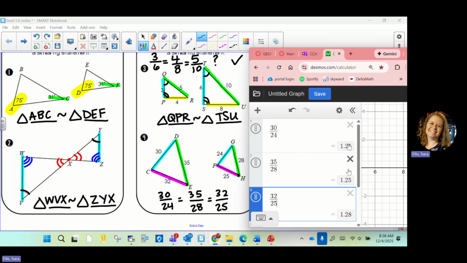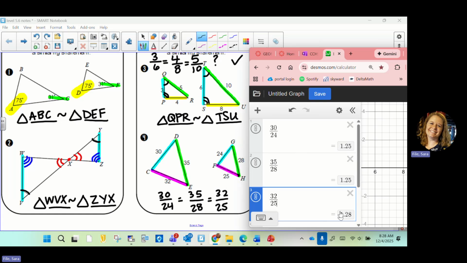Did those all come out the same? Oh, they didn't this time. Let's double check. 30 over 24, 35 over 28, and 32 over 25. 2 of them came out the same, but the third one didn't.